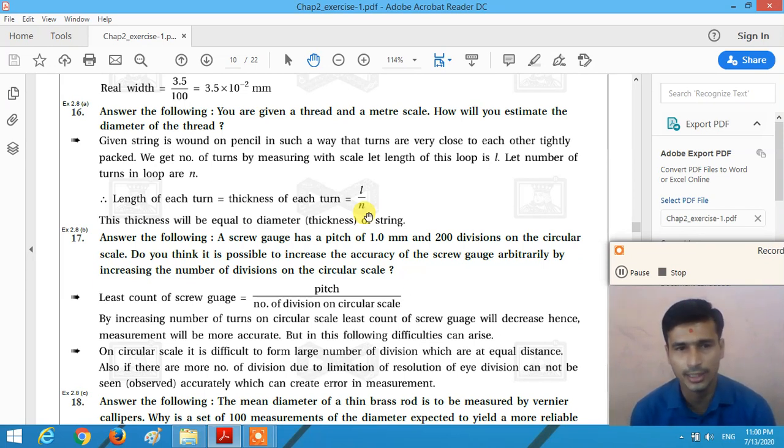So the thickness will be equal to the diameter of the string.